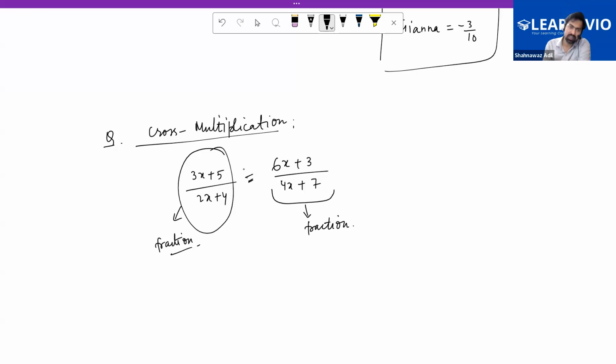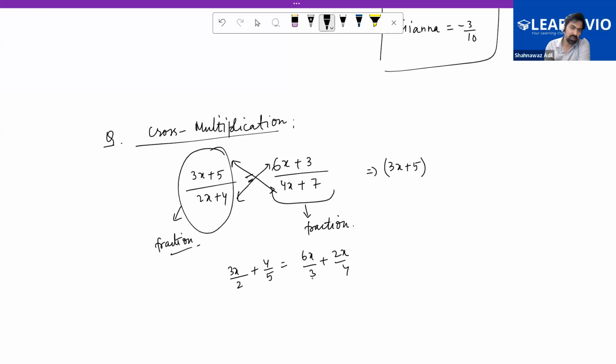So this is multiplied with this, and this is multiplied with this. Firstly, we have to multiply this 3x plus 5 with this, but remember, the whole thing should be a fraction, right? And then 6x by 3 plus 2x by 2.